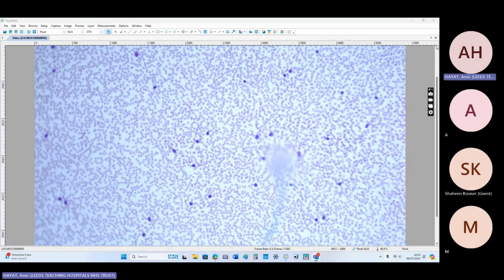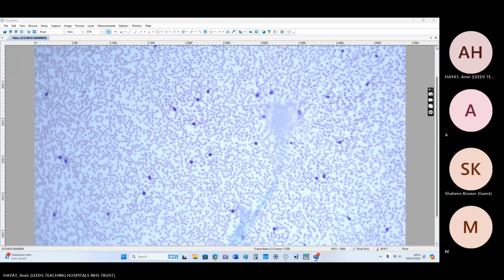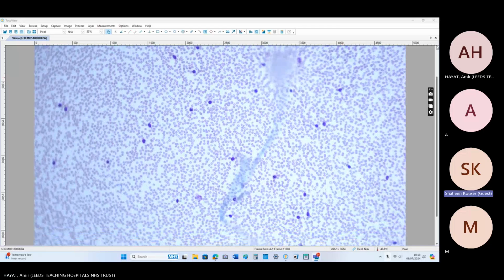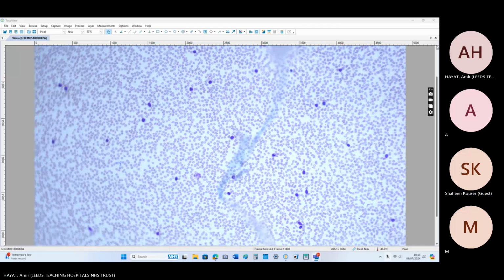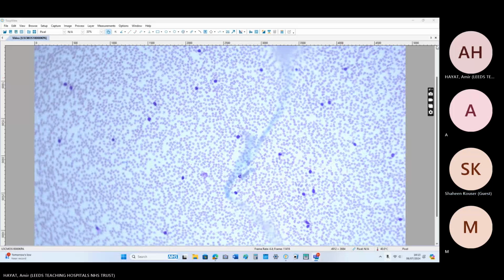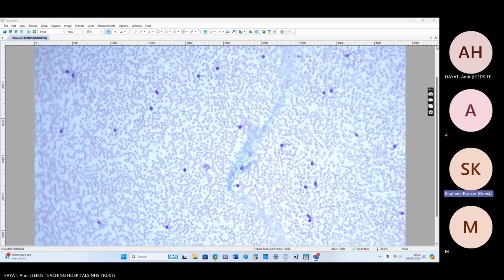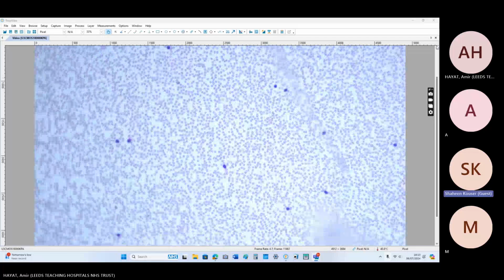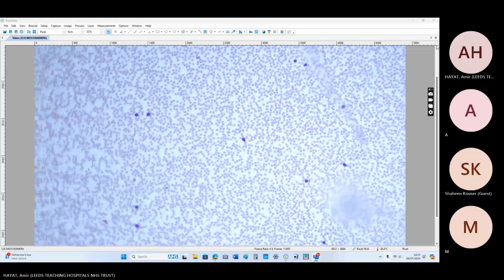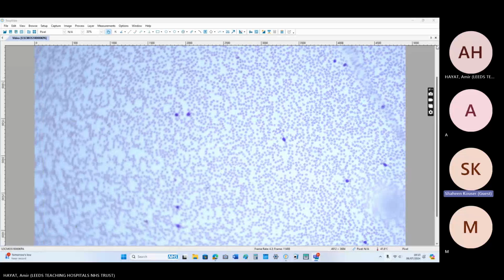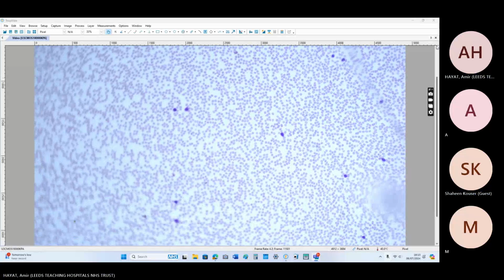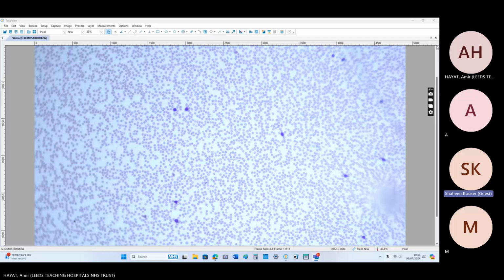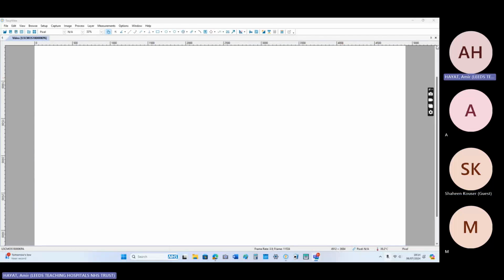Just an overview at power 10. Okay, now I will move to power 50. Oil lens.